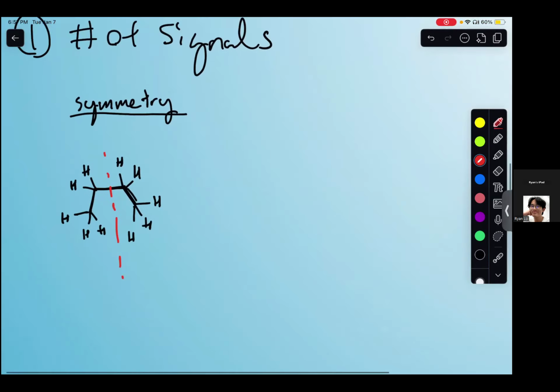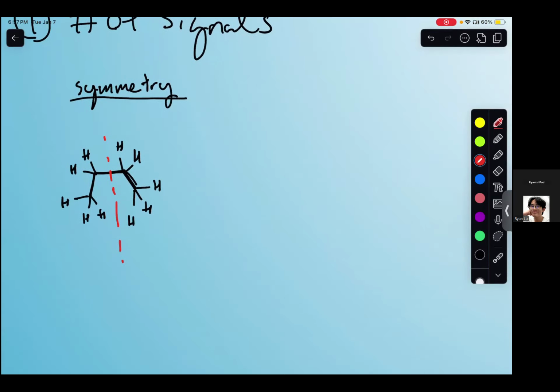And then you can kind of draw groups across here, right? And you can say 1, 2 signals, right? And so this is the really, really quick way to do it, right? But this rule of symmetry won't work 100% of the time, right?